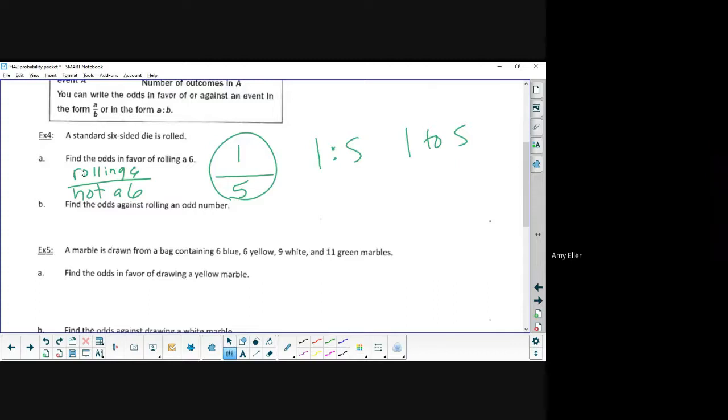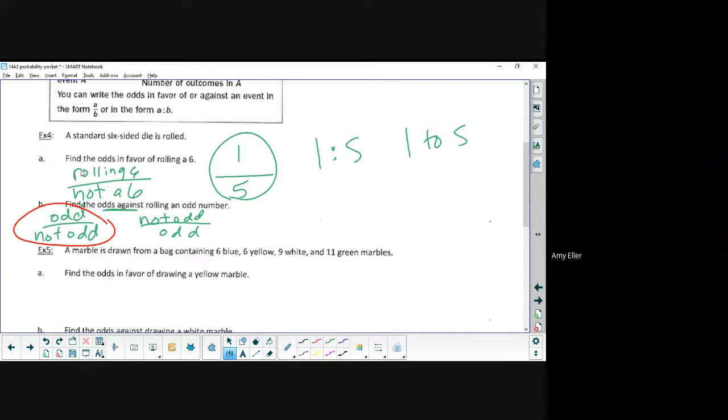Try the next one. Find the odds against rolling an odd number. So this is for finding the odds of rolling an odd number.